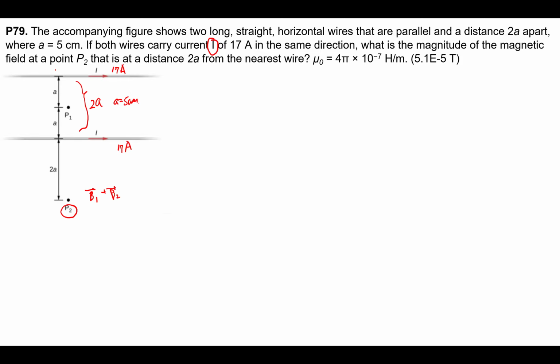So let's look at how the direction is concerned. On this wire, it goes like this, so that B1 is into the page. But in the case of the other wire, let's look once again. It is going to be like this, and this is going to be the same, into the page.